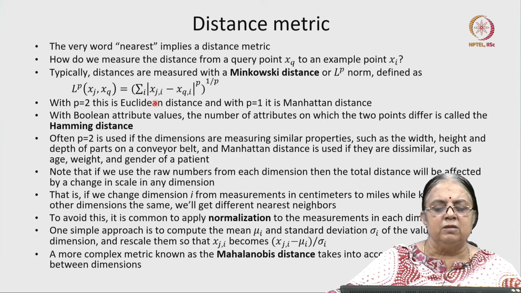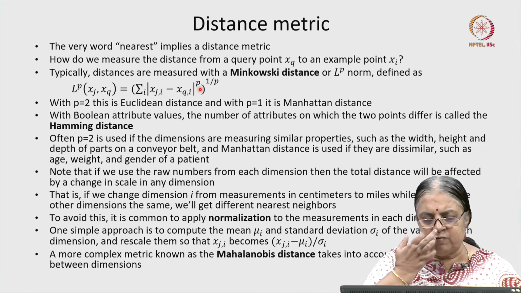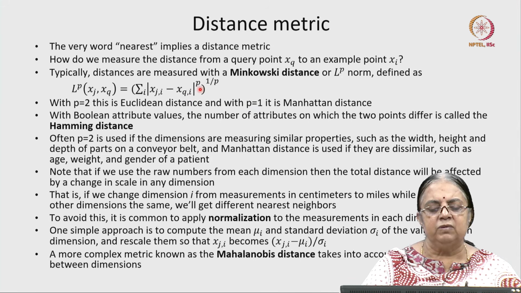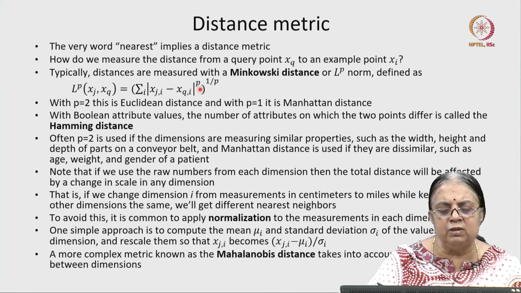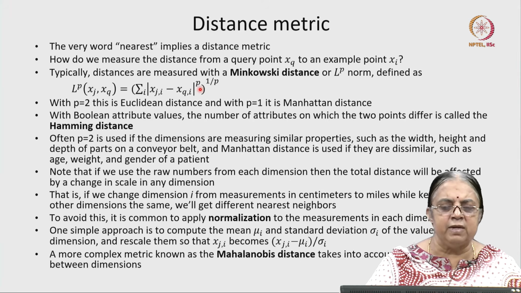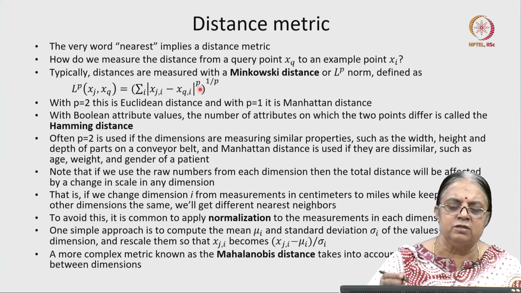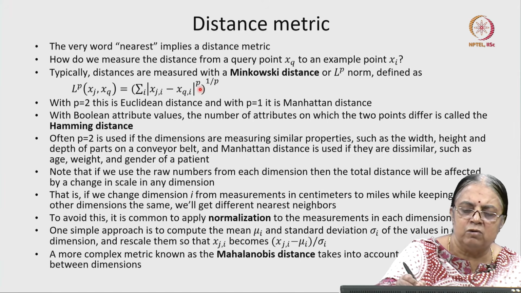So, you have to find the difference between the two and take it to the power of p, and then add them all up, and then you take it to the power of 1 by p. Now, if p is equal to 2, then you are going to get the Euclidean distance. You are going to get the L2 norm.